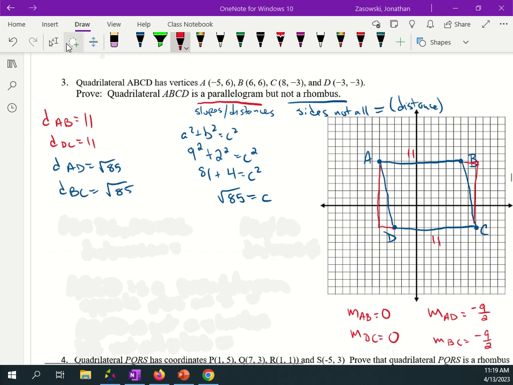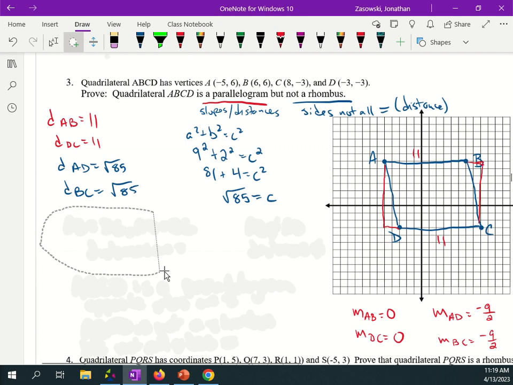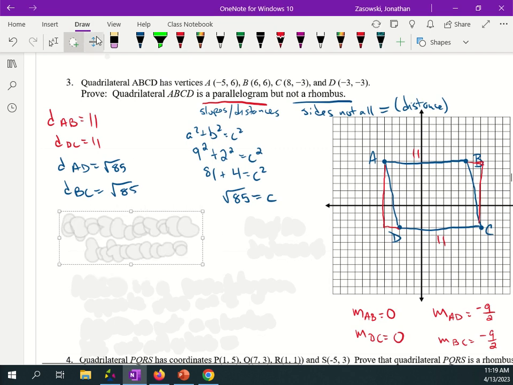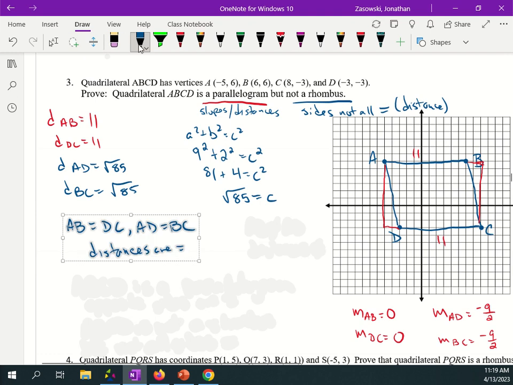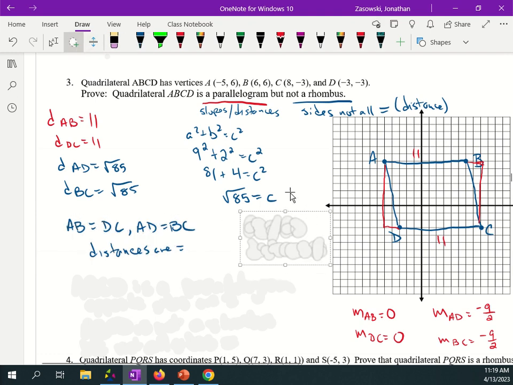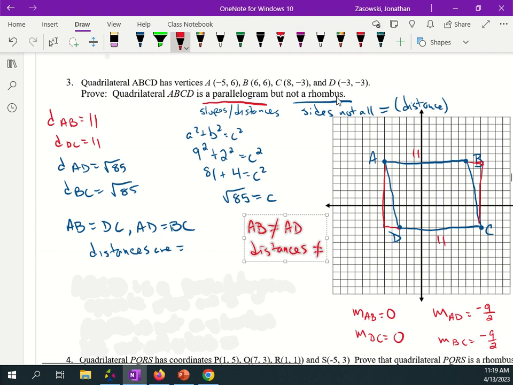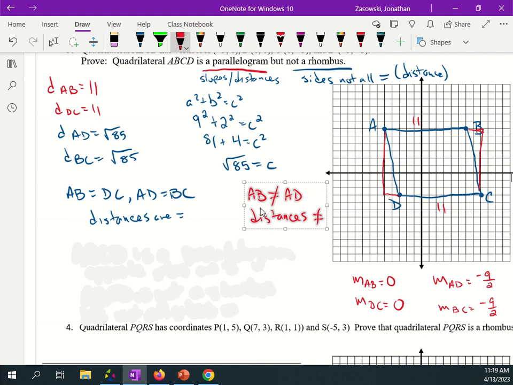And then remember, after we're done with that, we want to say what about the side lengths? That 2 sets of them are equal because the distances are equal. But then we also want to state that there are some that are not equal because they're not the same distances. If you didn't say this and you said this part, as long as you explained it down here, I'll take that as well.